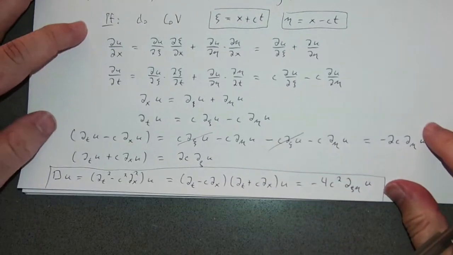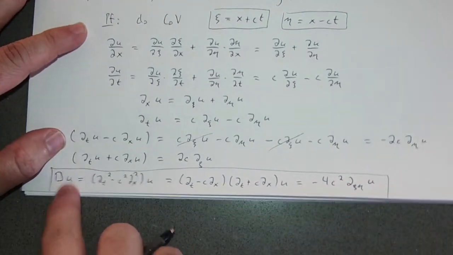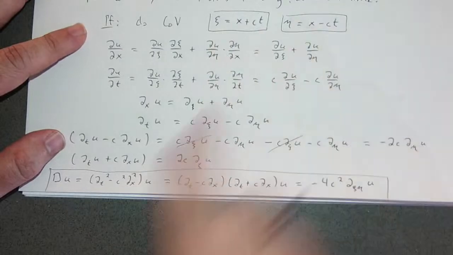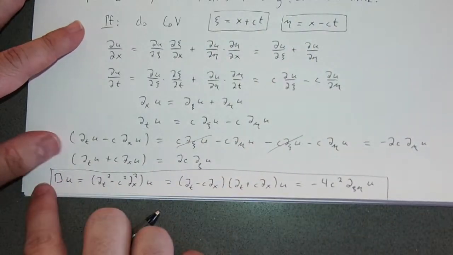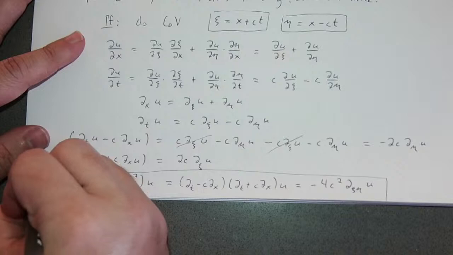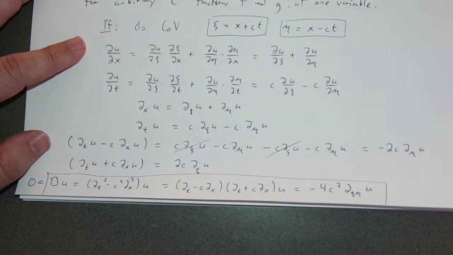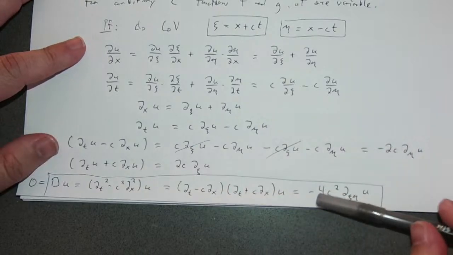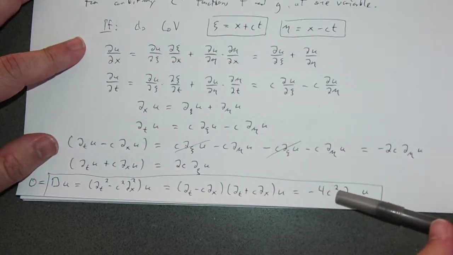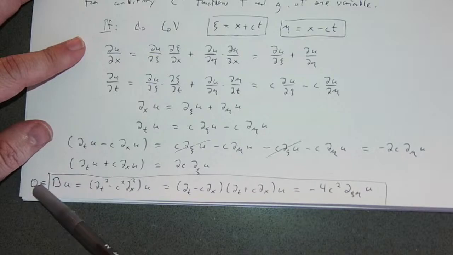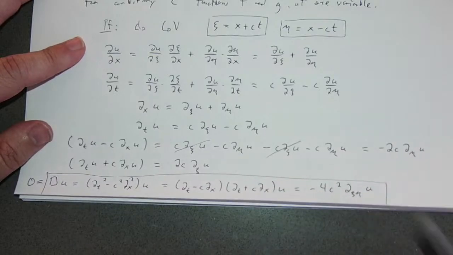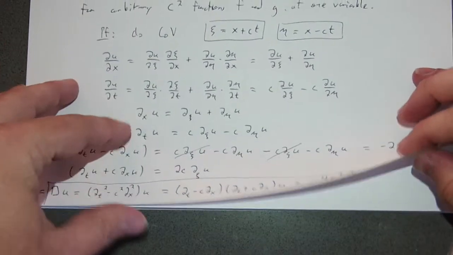And so I have taken my wave equation, changed variables, and now my wave equation, if this is equal to 0, I get a new wave equation with a constant, minus 4c squared. I can divide through by that and have a very simple equation.